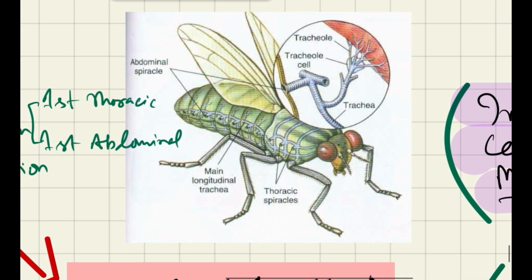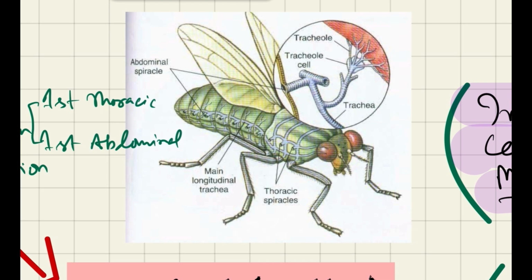So here the first thoracic and the first abdominal, these are used for expiration, and these are always open. So what happens here is that the oxygen travels from these tubes to these tracheal terminal endings, and from there it dissolves in this tracheal fluid, and from this tracheal fluid it dissolves into the cells.